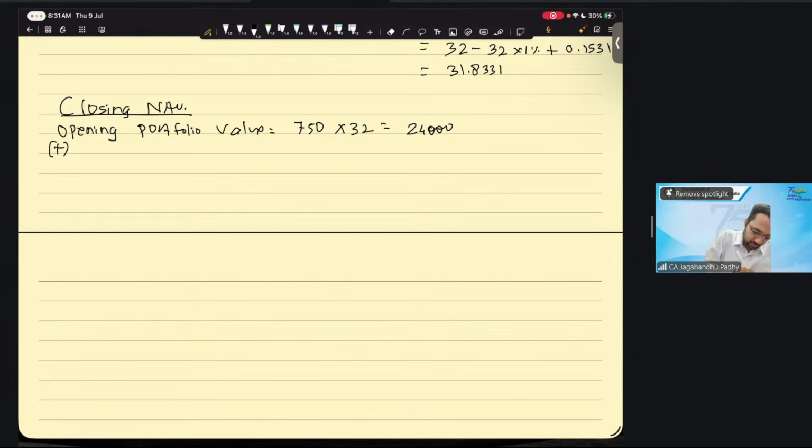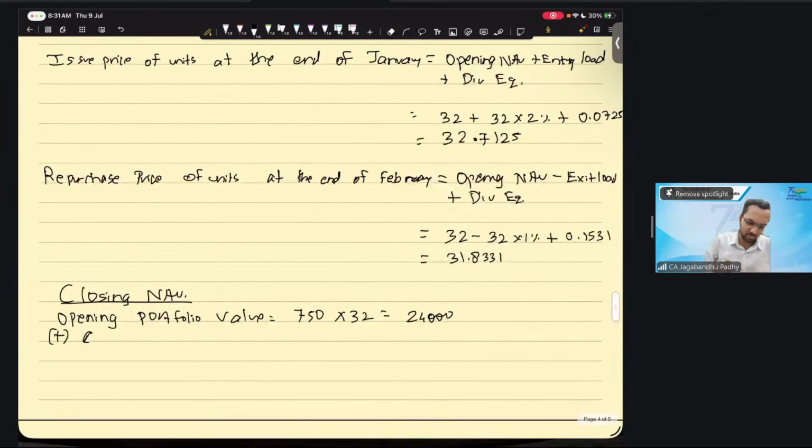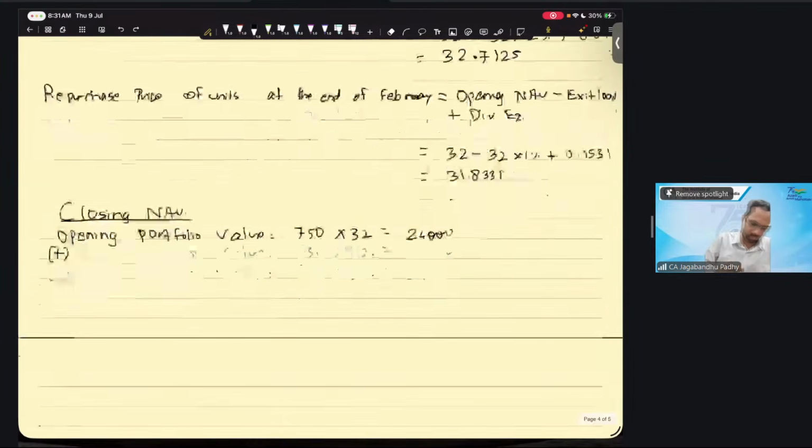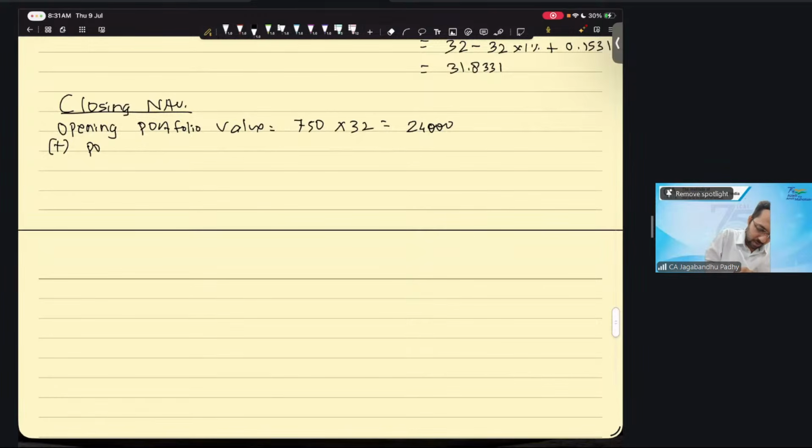plus we have the appreciation, or we say it's going to be added with the portfolio appreciation.